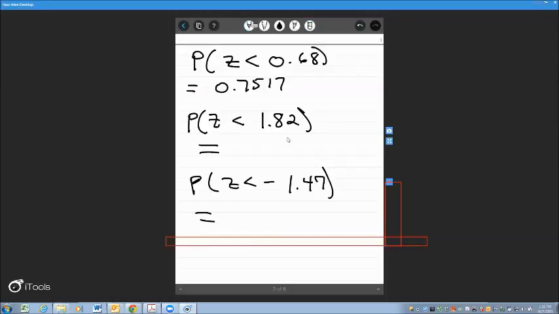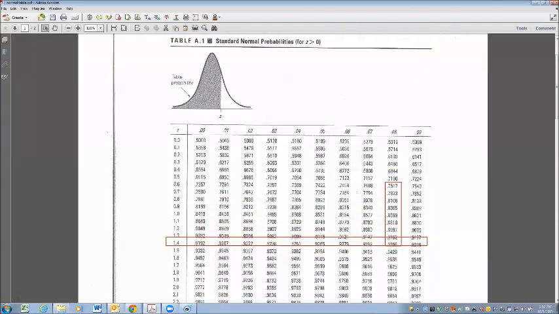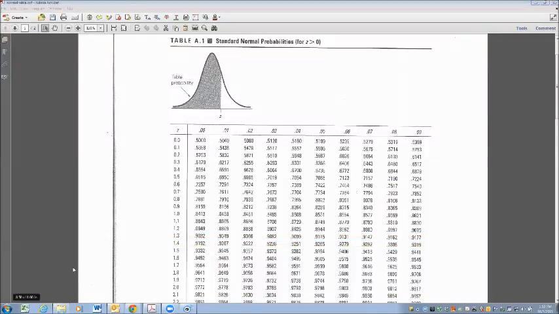See if you can find the probability of z being less than 1.82. Again, we'll go back to our table, and stop for a second and see if you can find the probability of being less than 1.82.